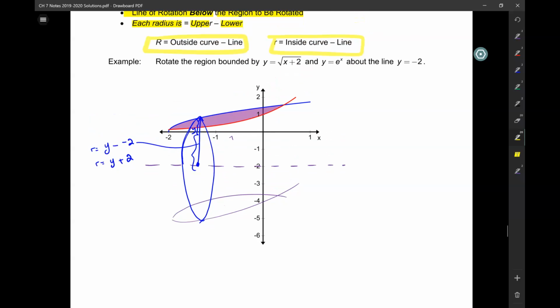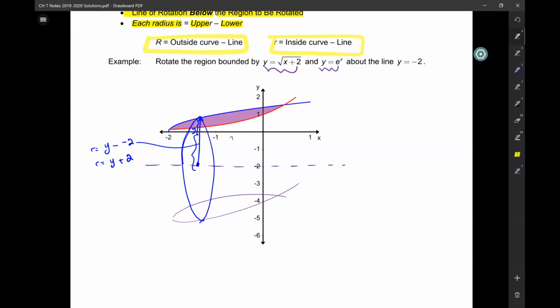We're going to rotate this region. So what we have here is y equals root x plus 2, and y equals e to the x, and it's going to be rotated about the line y equals -2.